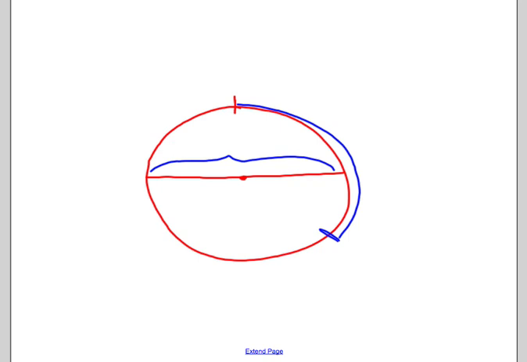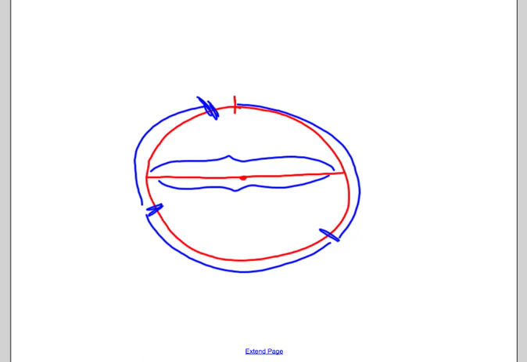It would go to about here, and then we do it again, go about here, do it again, about here. So we can see that the diameter of this circle lies on the circumference 3 whole times. There's 1, 2, 3. It lies on there 3 whole times and a little bit.